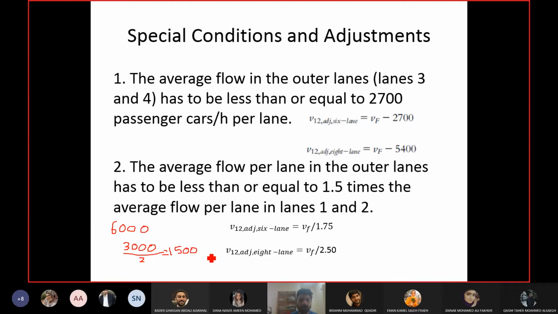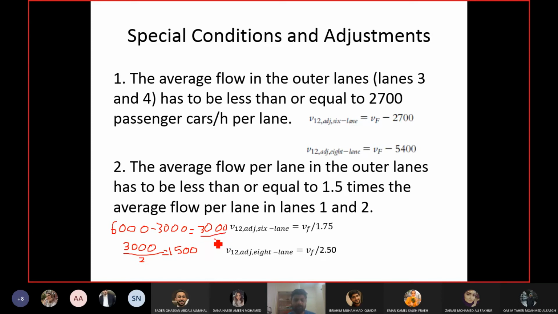So 1,500 in the adjacent lanes per lane, and obviously 6,000 minus 3,000 will give you 3,000 as well. If it's a 6-lane highway, then the outer lane will be just 1, so it will be 3,000 upon 1.